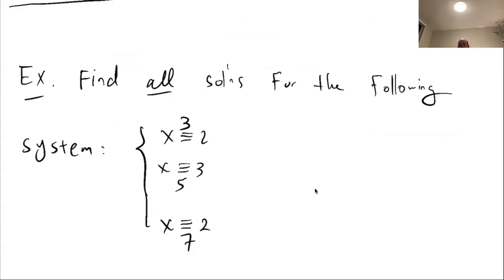So we are looking for all numbers X that when you divide by 3, we get remainder of 2. When you divide by 5, you get remainder of 3, and you divide by 7, you get remainder of 2. So any number X that you introduce must have all these 3 properties at the same time.